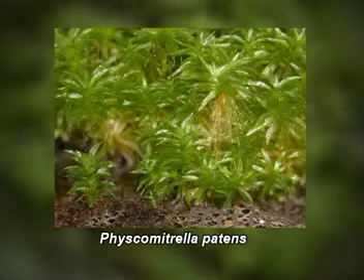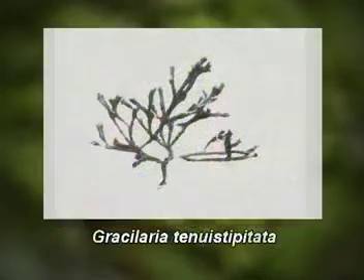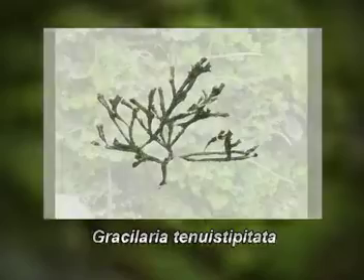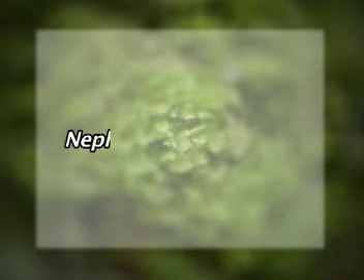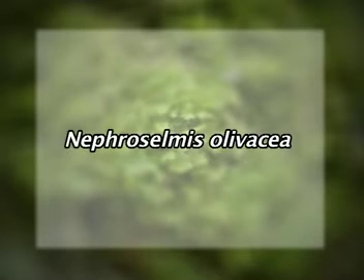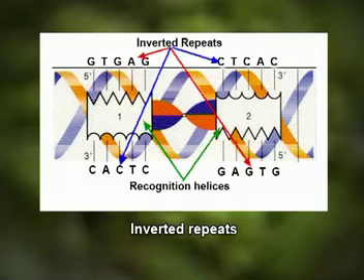The plastomes of the moss Physcomitrella patens, red algae Gracilaria tenuistipitata, and the hornwort Anthoceros formosae have an AT content toward the higher end, that is 71.50%, 70.90% and 67.10% respectively, while the green algae Nephroselmus olivacea has a low AT content of 57.90%.